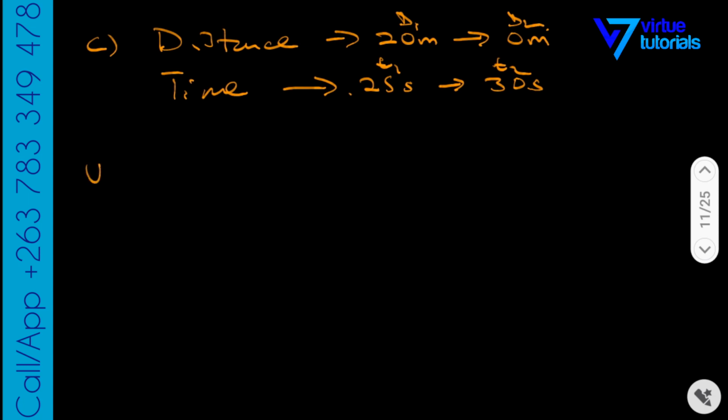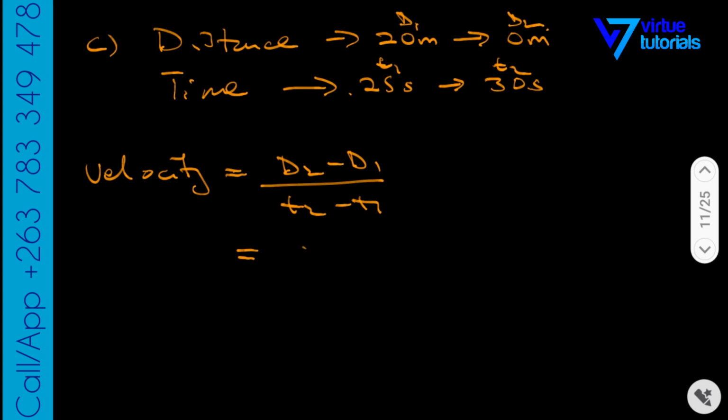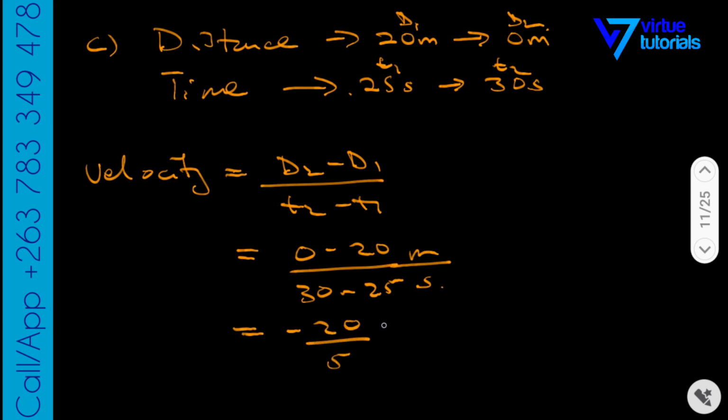So let's look at our velocity. Our velocity is equal to our D2 minus our D1 over our T2 minus our T1. This gives us 0 minus 20 over 30 minus 25, which is meters over seconds. That gives you minus 20 over 5 meters per second.